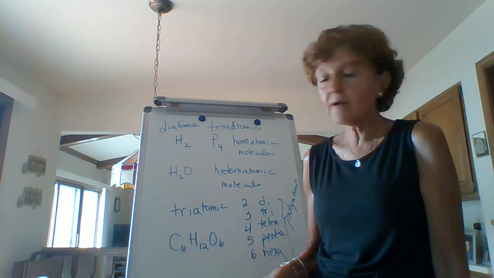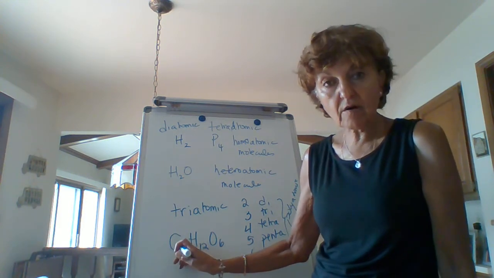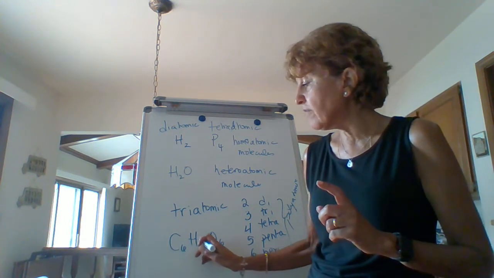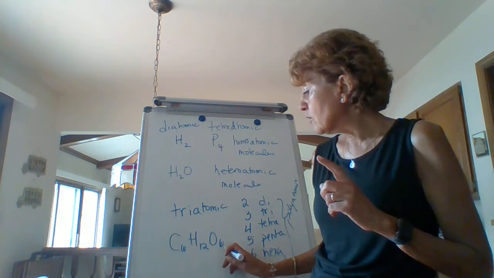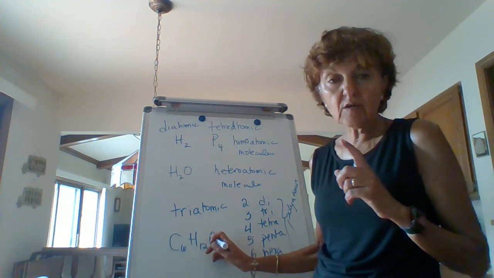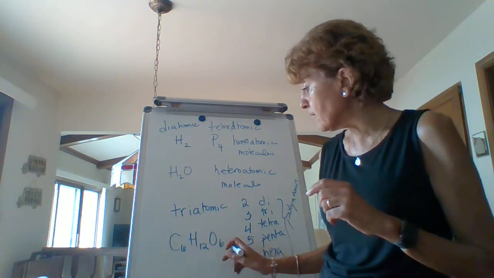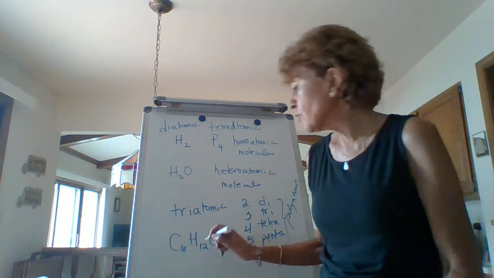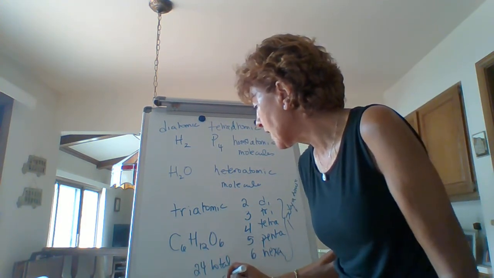C6H12O6 is glucose. What does this 6 mean? It means that you have 6 carbons in one molecule of glucose. This means you have 12 hydrogens in one molecule of glucose. In this one, you have 6 oxygen in one molecule of glucose. So the total number of atoms here, you go 6 plus 12 plus 6, that's 24 total atoms.